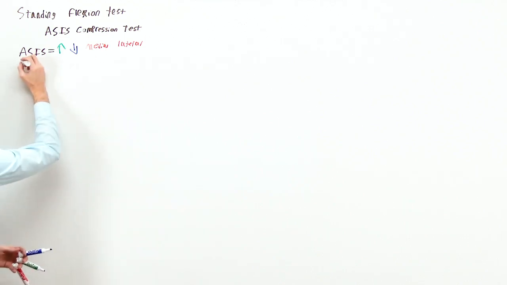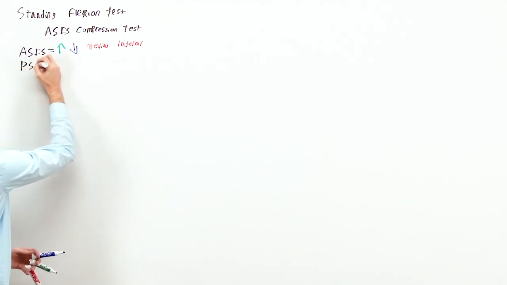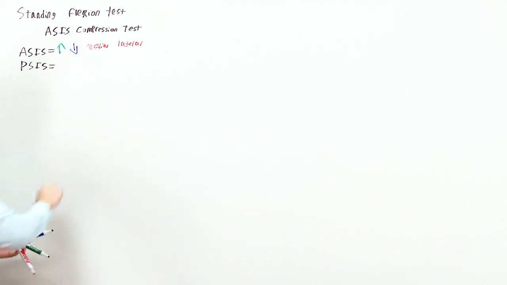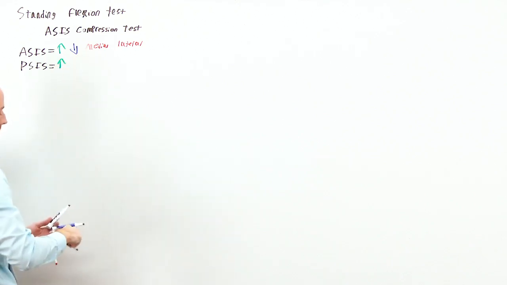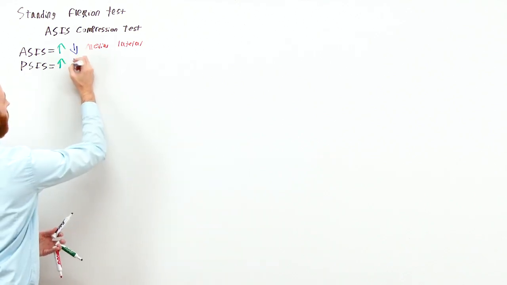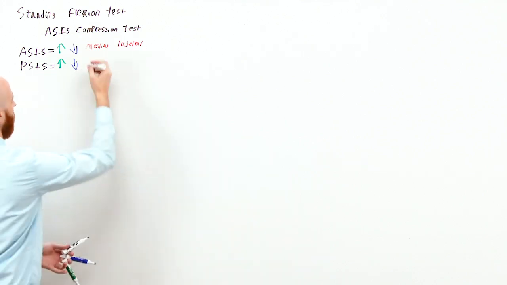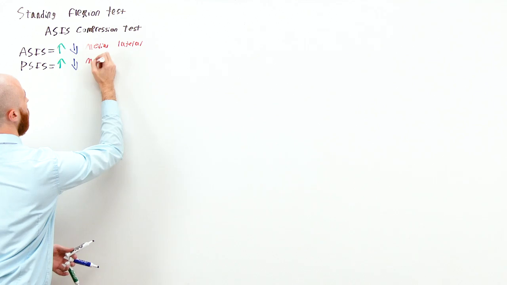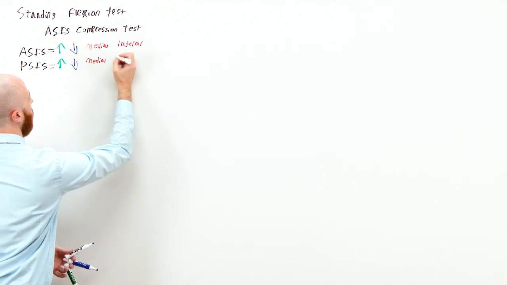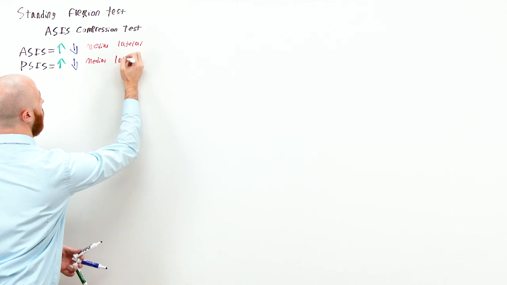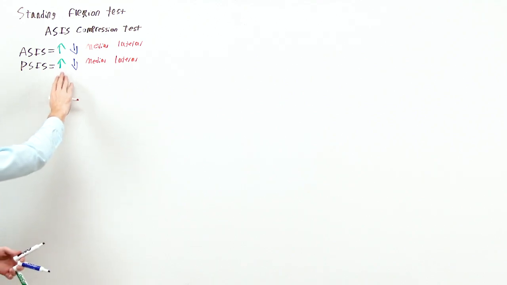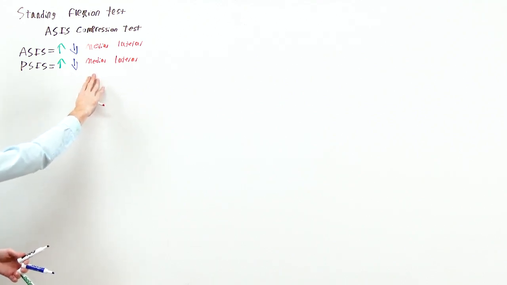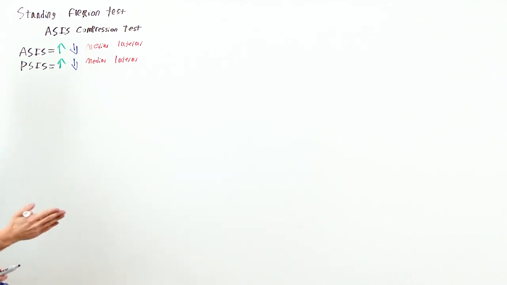Now the next landmark is the PSIS, and you can have the exact same findings for that. It can either be superior, inferior, medial, or lateral. So these are once again in relation to the other innominate PSIS.